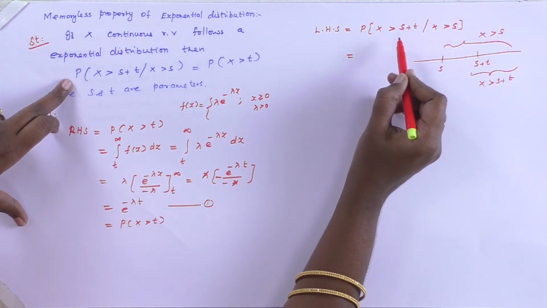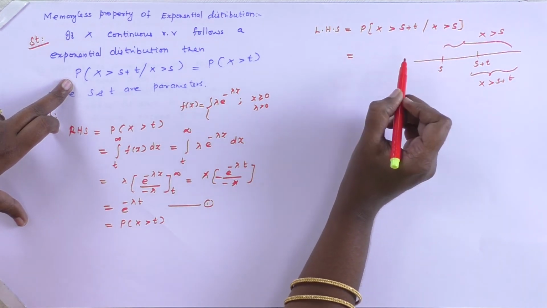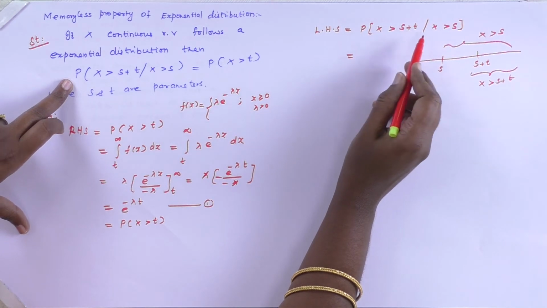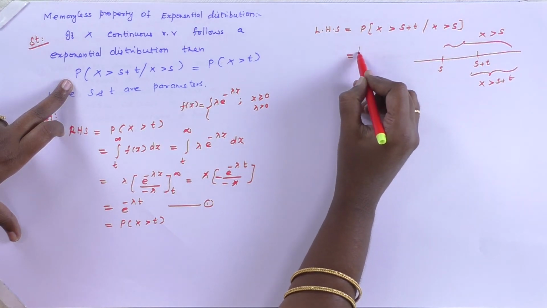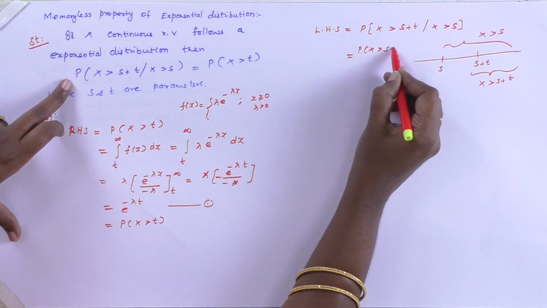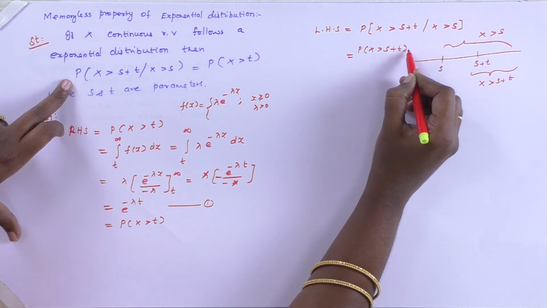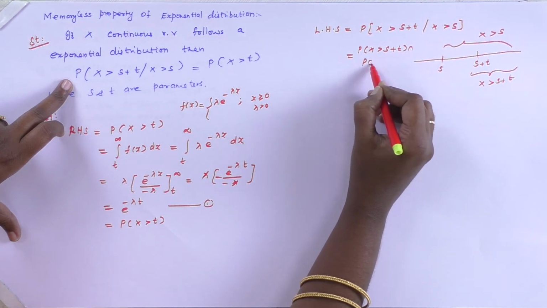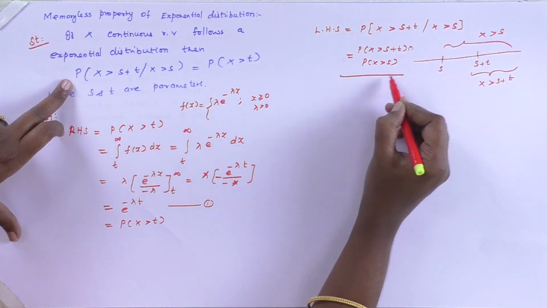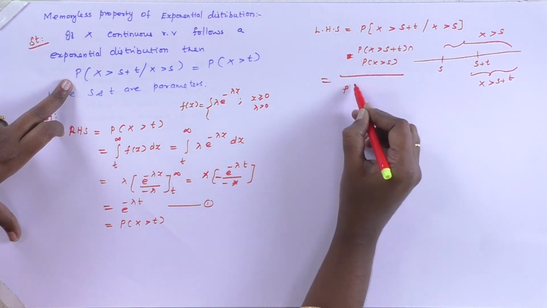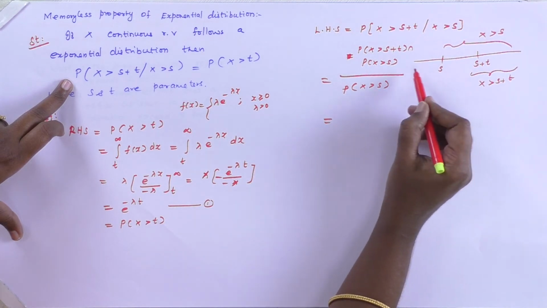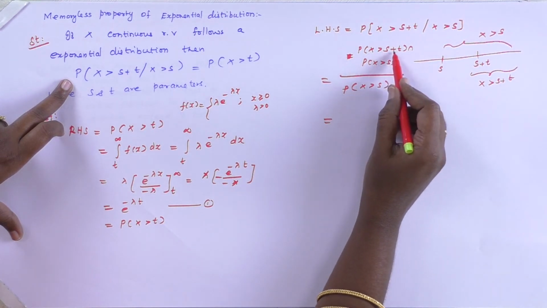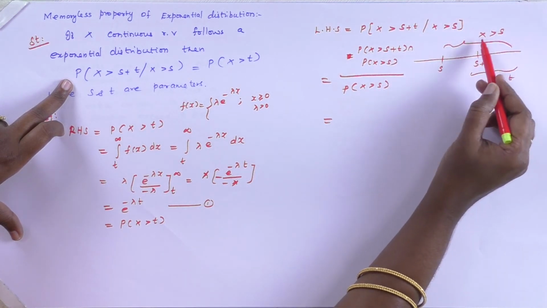Now using the conditional probability formula, p of a given b can be written as p of a intersection b divided by p of b. Here it is p of x greater than s plus t intersection x greater than s, the whole thing divided by p of x greater than s. Okay, the region x greater than s plus t lies within the region x greater than s.